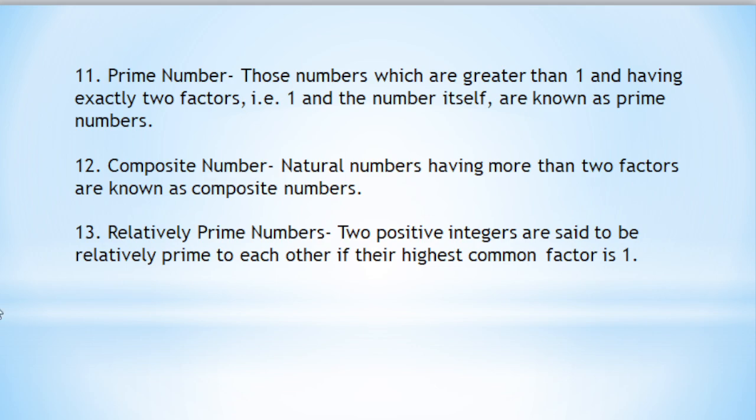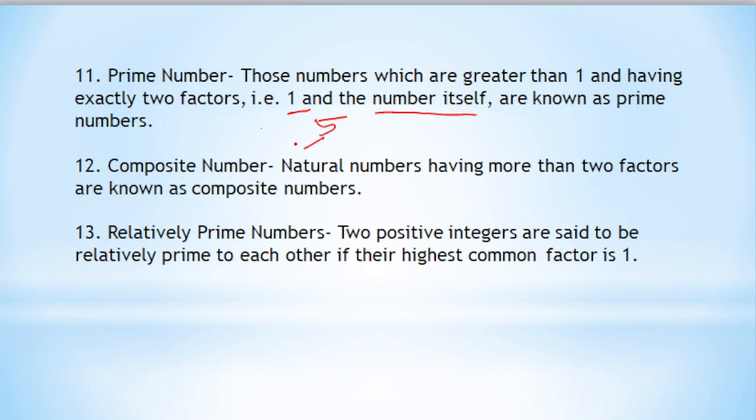Now prime number. Those numbers which are greater than 1 and having exactly two factors, that is 1 and the number itself, are known as prime numbers. For example 5.